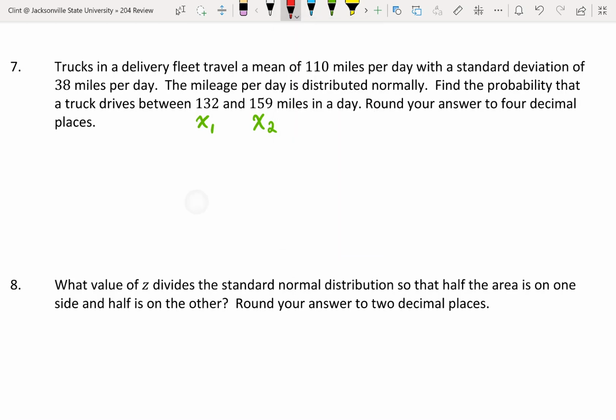So do our first Z formula here. So 132 minus the mean, which was 110, divided by the standard deviation this time of 38 miles per day. Now when we round to 2 decimal places, I get a Z of 0.58.